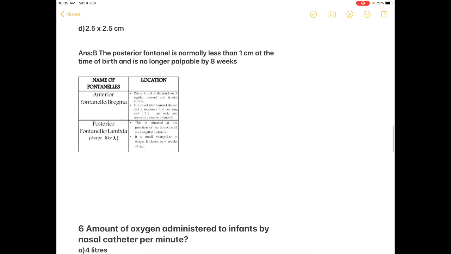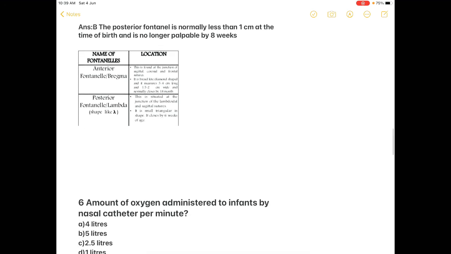As we all know, there are 6 fontanels at birth, out of which 2 are of obstetric importance. Those 2 are the anterior fontanel and the posterior fontanel. The anterior fontanel, also known as bregma, is also a commonly asked question, and it closes at 1.5 years, whereas the posterior fontanel, also known as lambda, closes at 1.5 months, that is 6 weeks.